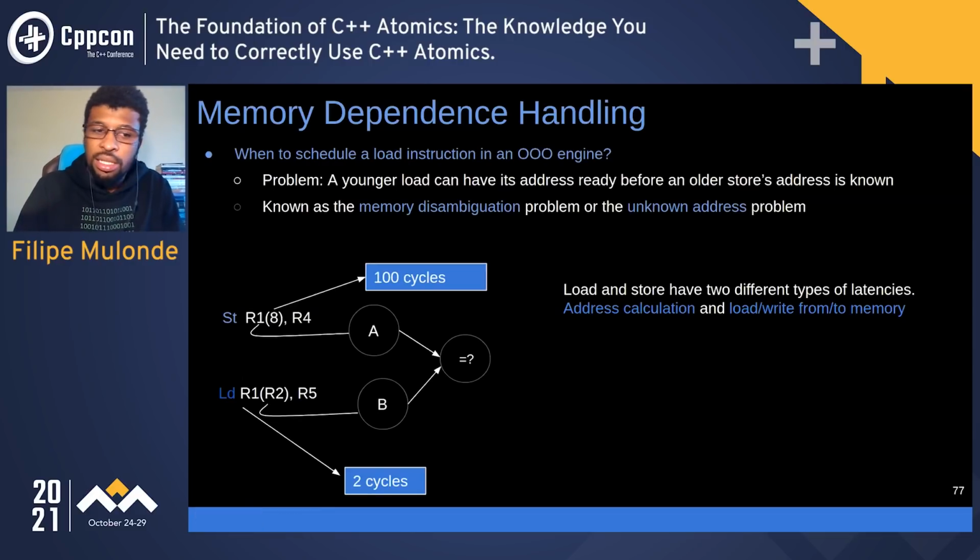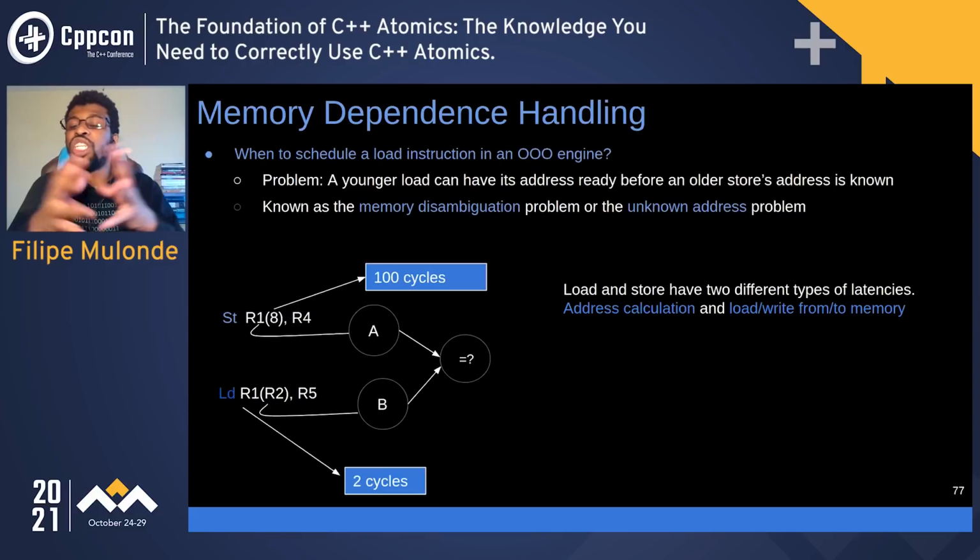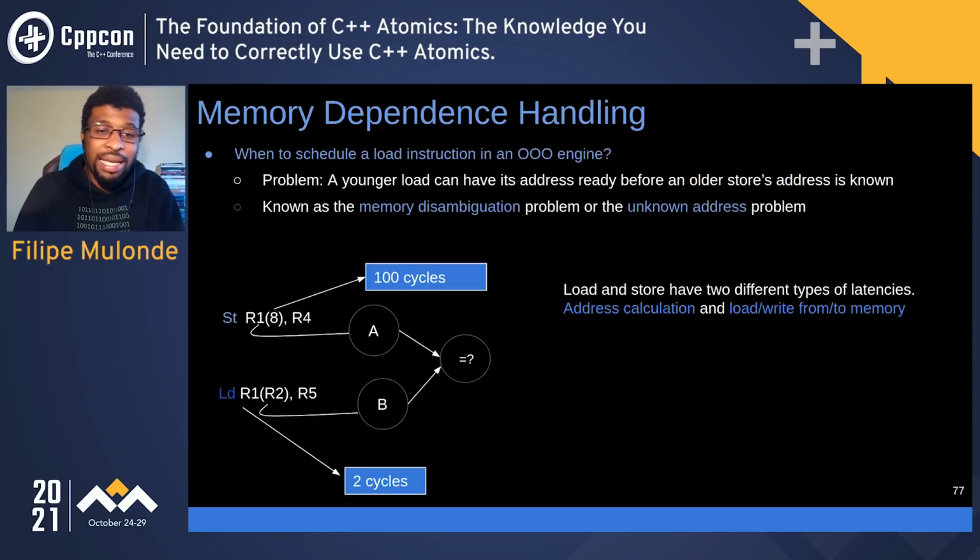And the question is, is this load dependent on that store? And how do we check if a load is dependent on a previous store? The thing that we use to check the dependence of memory operations is the address. But here, the addresses have different latencies.